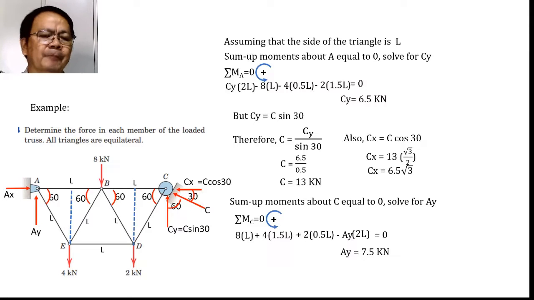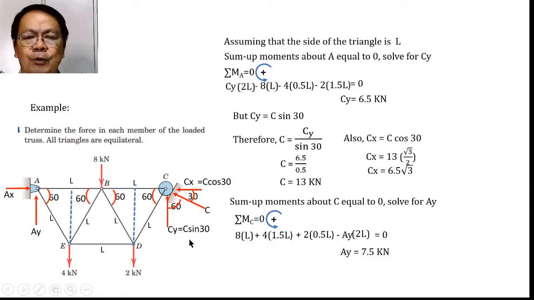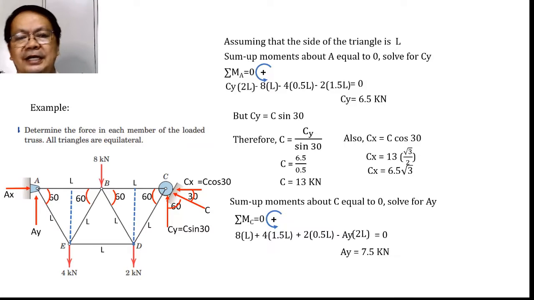Hindi ba? Pero alam nyo ba na with simple inspection lang, wala tayong gagamitin calculator, you can solve for A sub y and C sub y right away. So yung ating mga 3 minutes sa computation will be reduced to about 30 seconds. Malaking bagay yun na nakakapag-save ka ng time, lalong-lalo na sa board examination.